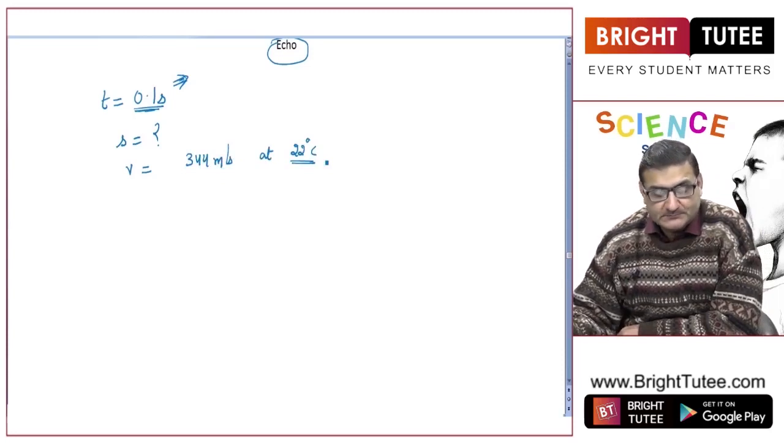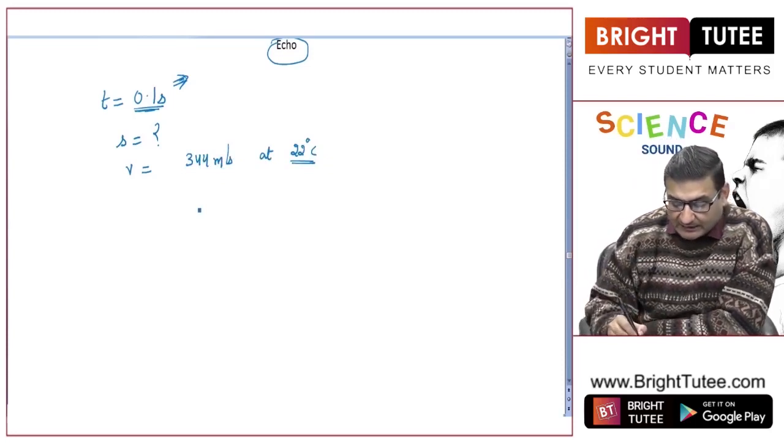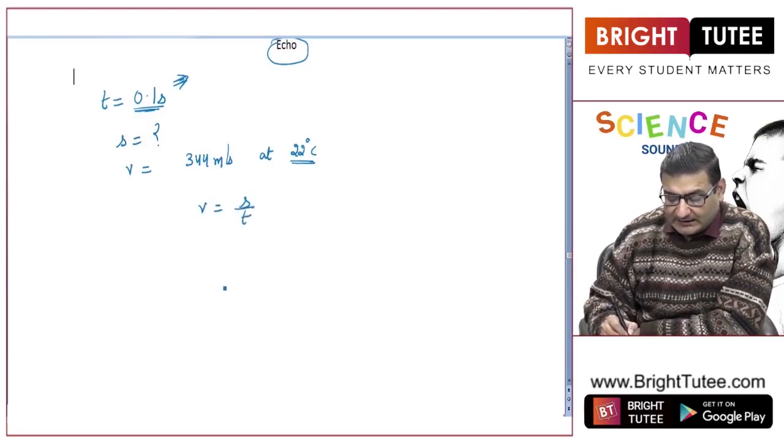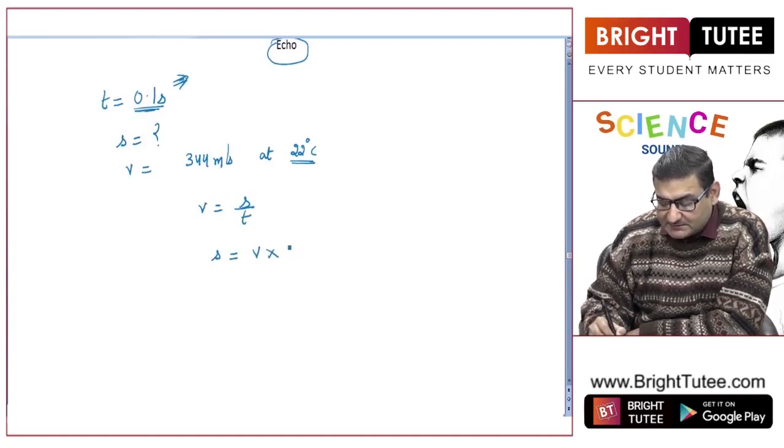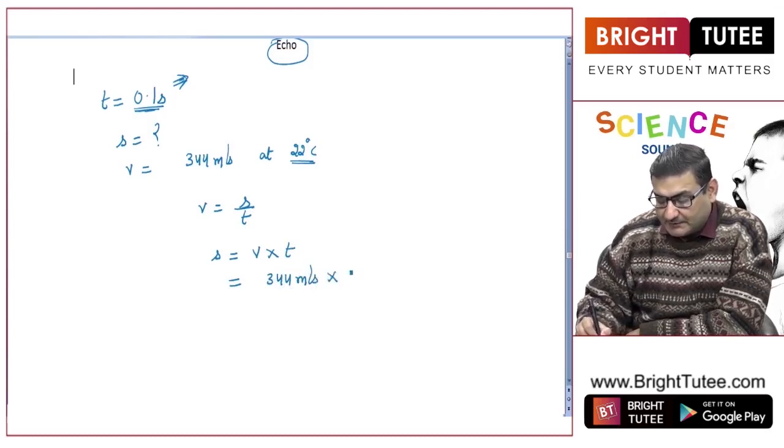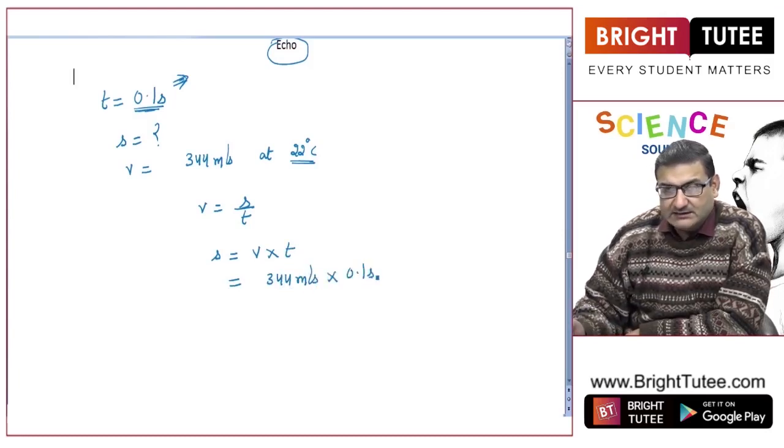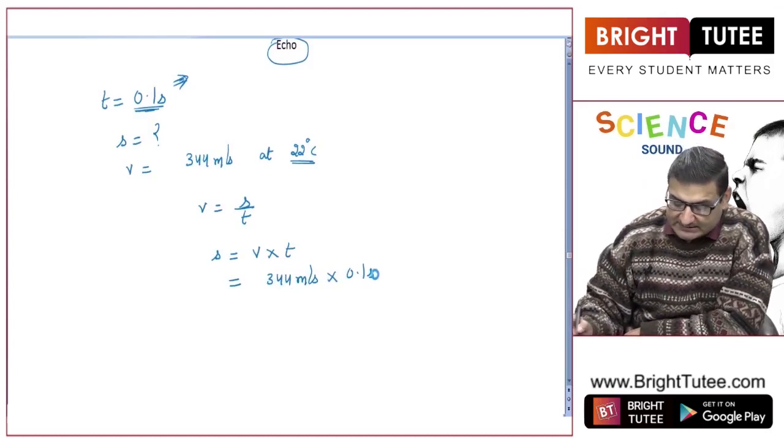Alright. Now I know that speed is equal to distance upon time. For calculating the distance, I will simply multiply speed into time. Speed of the sound wave is 344 meter per second, multiplied by the time we are taking, 0.1 second.